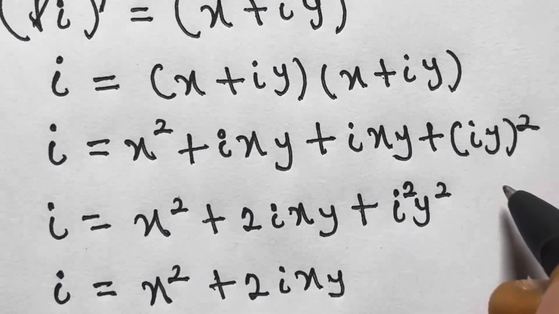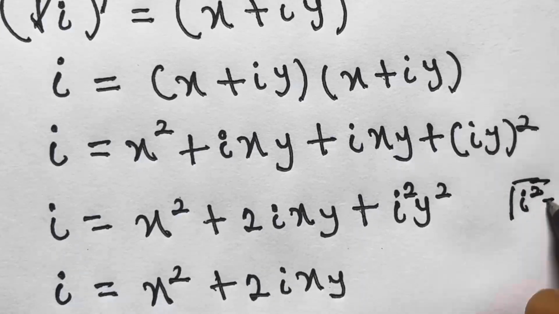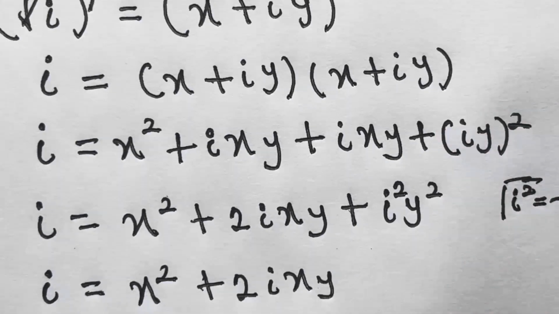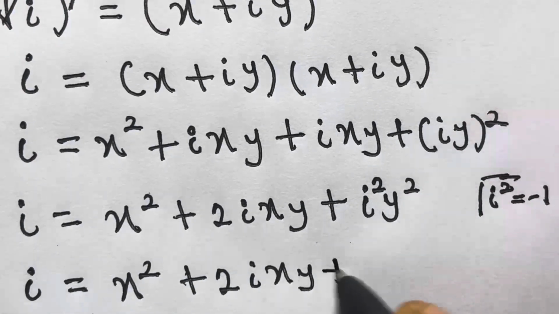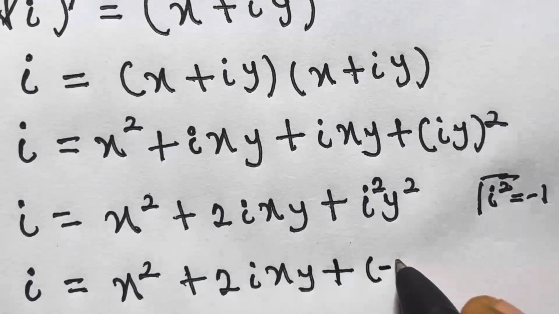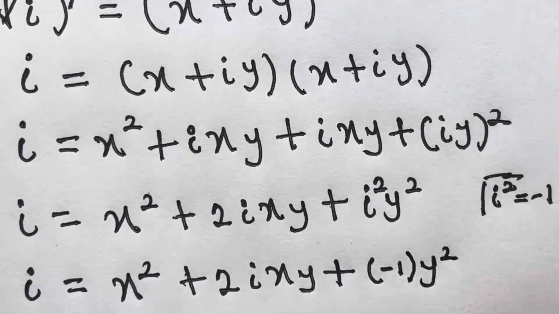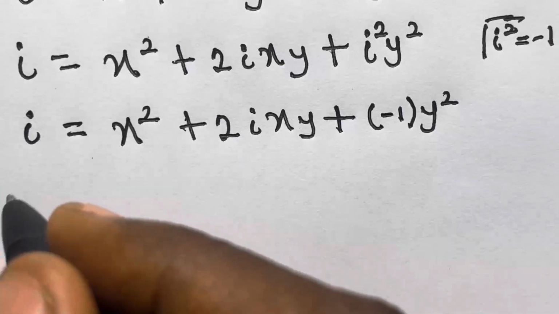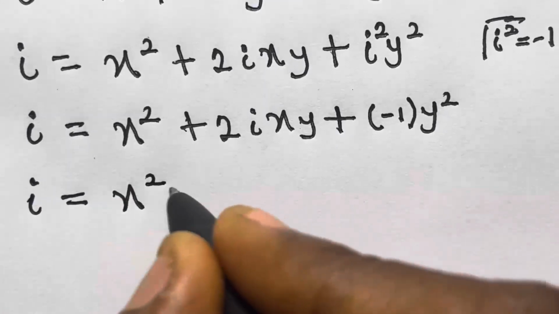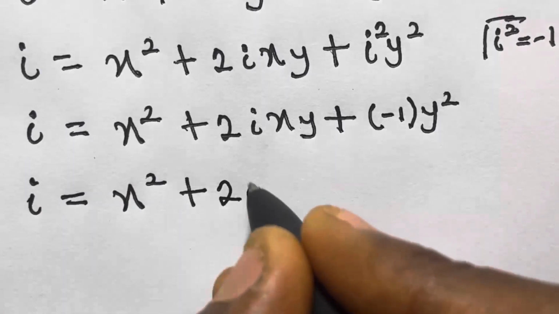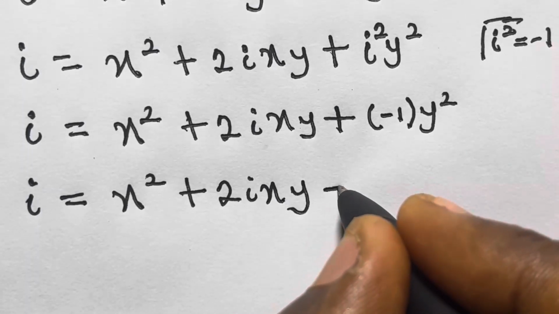We have i squared equals minus 1. We have something like this from complex numbers. So here we have plus minus 1 times y squared. So now we will have i equals x squared plus 2ixy minus y squared.